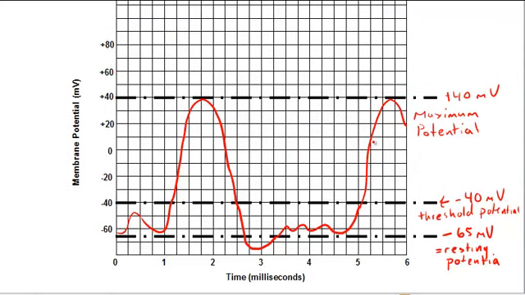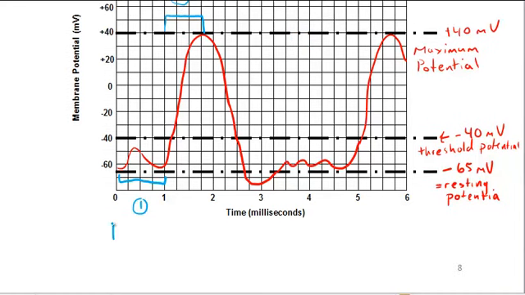So if we look at this, we can correlate this to the steps we discussed or described above. In this region here, I'm going to change to blue, this region from here to here, that would be number 1, the resting potential discussed above. From here to here, it's number 2, depolarization. So we'll write in resting below here.